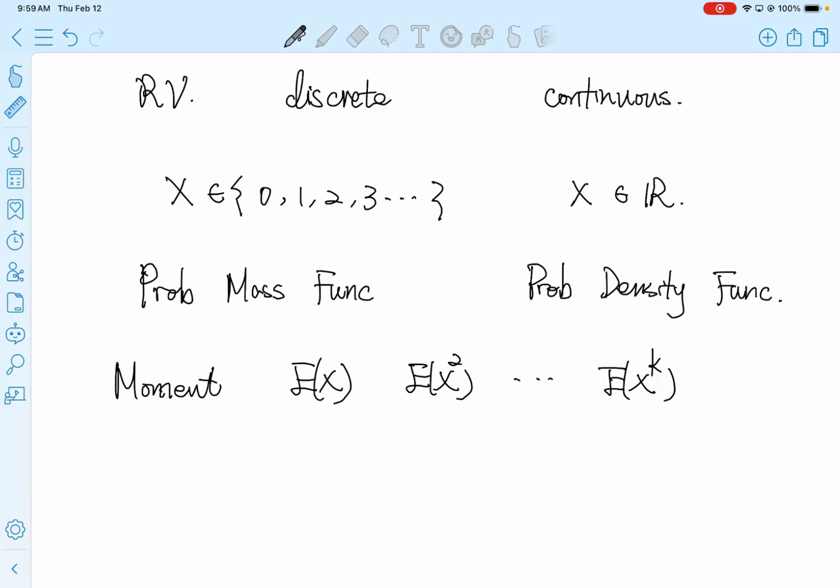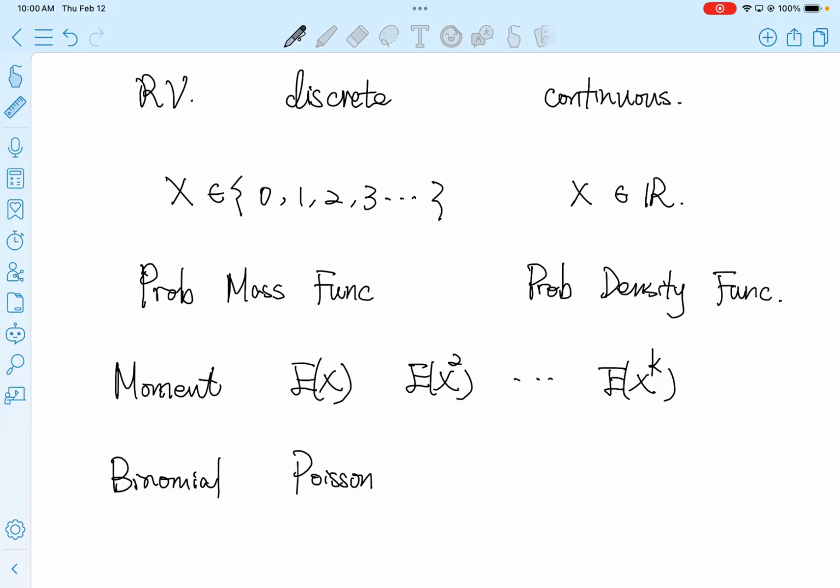And then we introduced some distributions as examples, and then calculated their moments. Okay. And then some of the distributions we talk about in the discrete case are the binomial distribution and Poisson distribution.